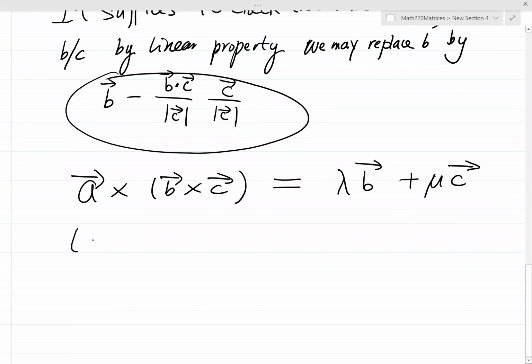Take the inner product with, for instance, C. Use the fact that B and C are orthogonal.